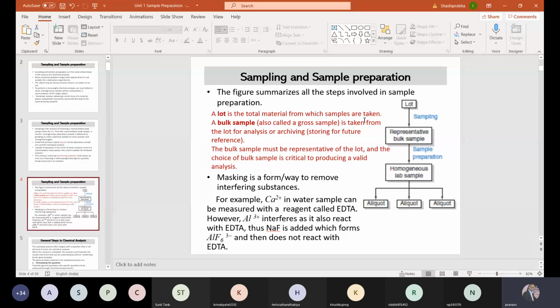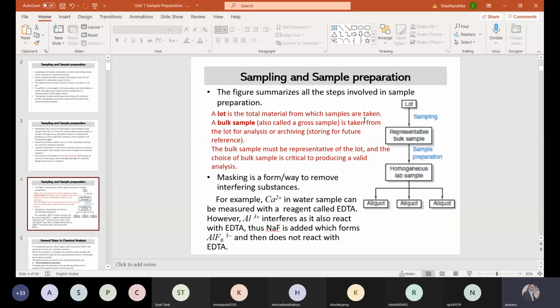Otherwise, if you go to the literature, you have hundreds of procedures, methods, and techniques available, and you can use them directly. But unfortunately, the sample is different. And once the sample is different, that existing, known, established, optimized procedure might not work with your sample.